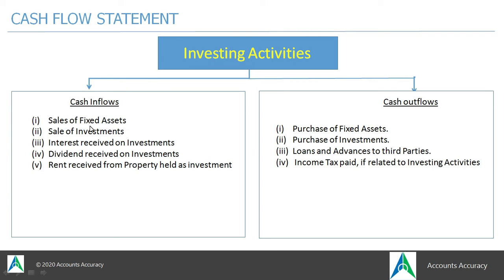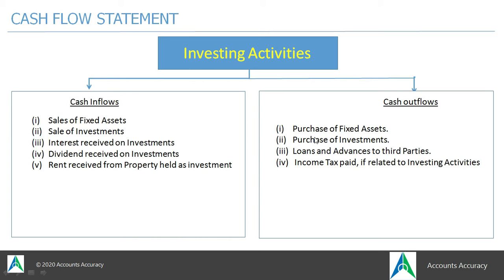That means when companies sell the fixed assets, that is the machinery or other items, after using them for certain years, that comes under sale of fixed assets, that is inflow of cash. When such items are sold, then cash will flow into the company.